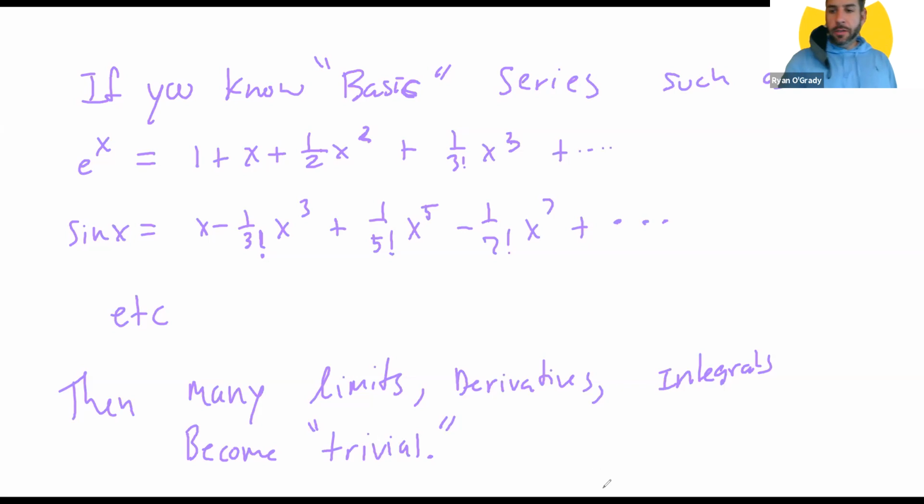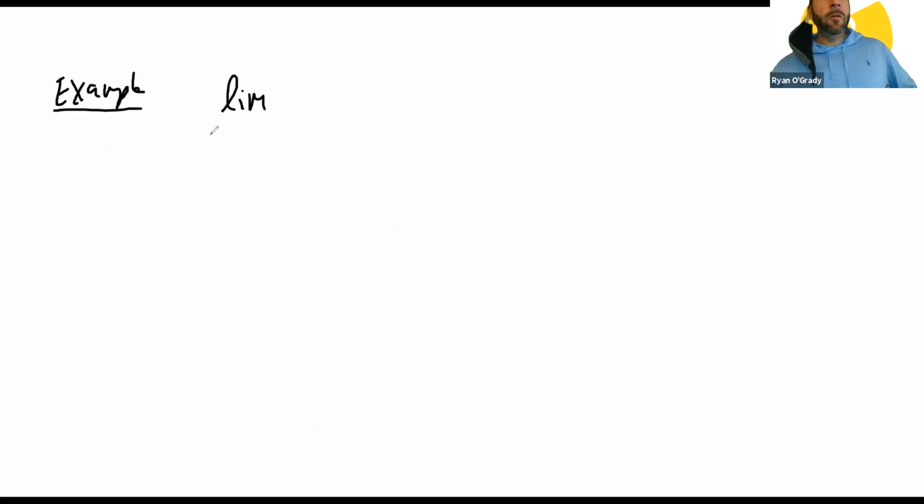So let's look at an example of how this can be done. So let's take the limit as x goes to 0 of the sine of 5x over x.